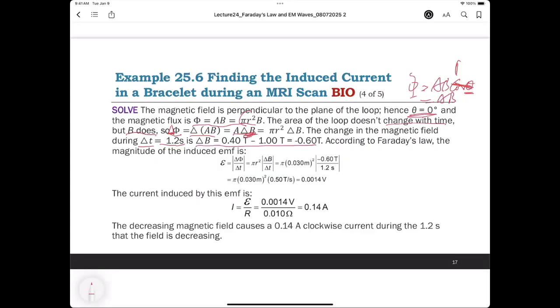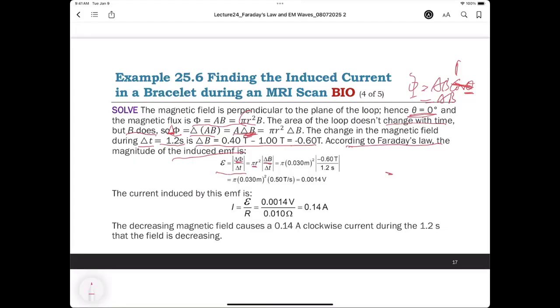Actually, we have already calculated this just now. According to Faraday's law, the magnitude of the induced EMF is equal to this. Here this is like A delta B, and delta B equals this one.